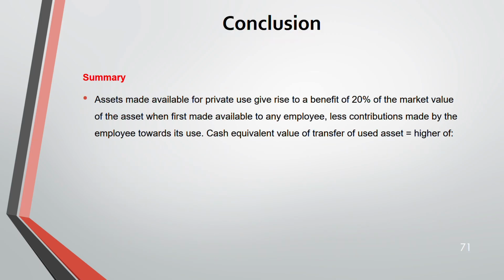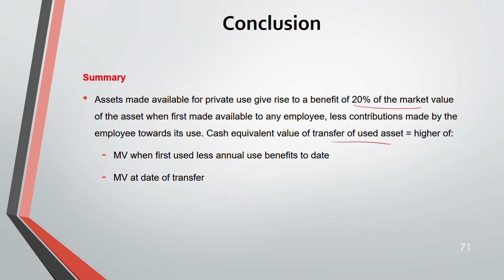Now, for assets made available for private use, you have to use 20% of the market value, less any contributions made by the employee. What is the cash equivalent when you're transferring the used asset? The higher of the market value when first used, less any annual use benefits to date, and the market value at the date of transfer.